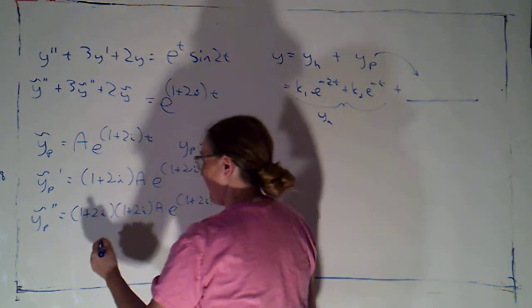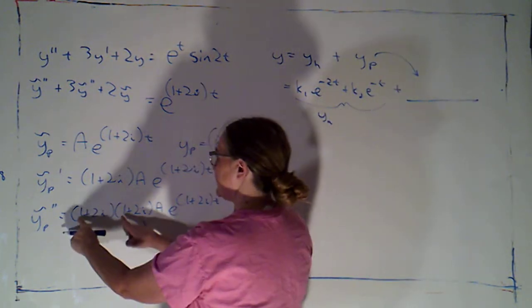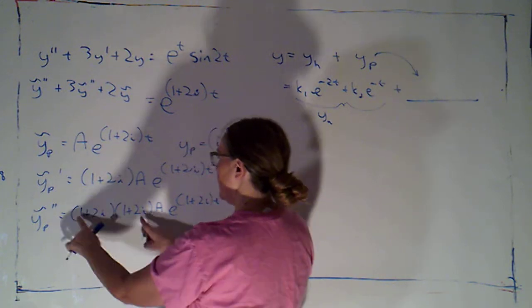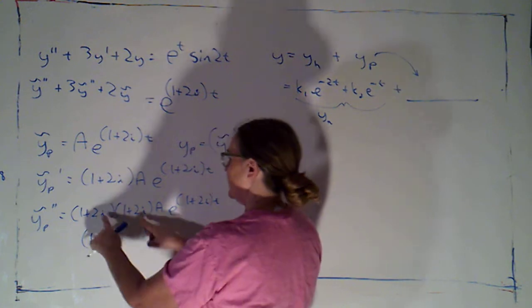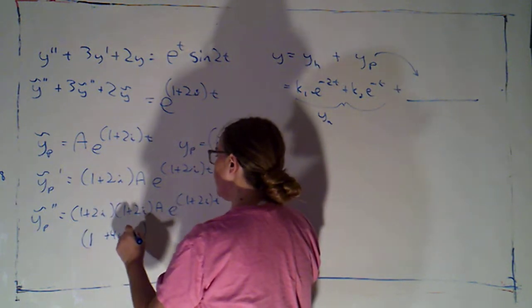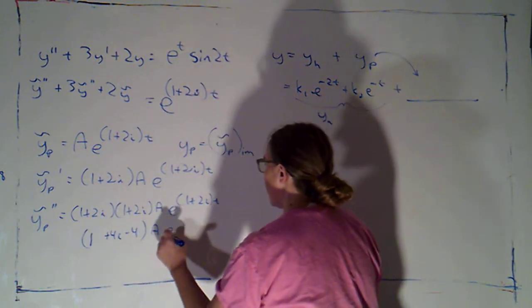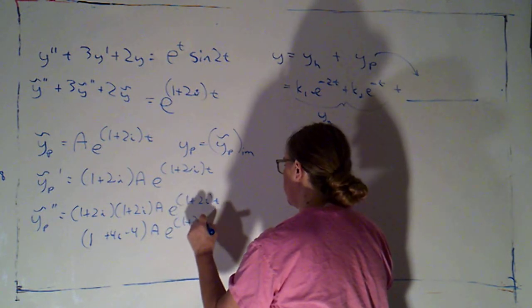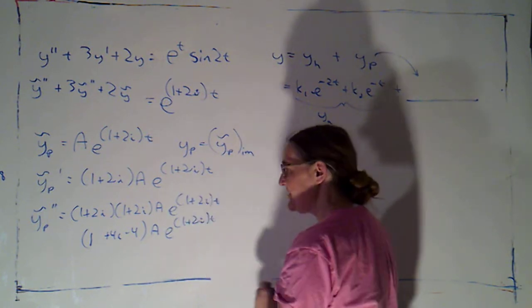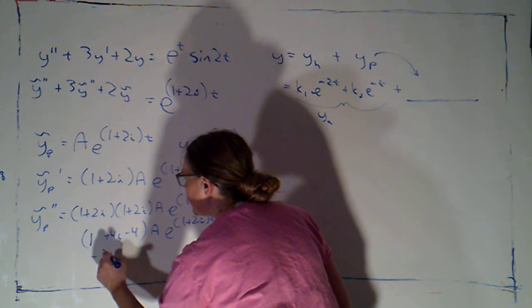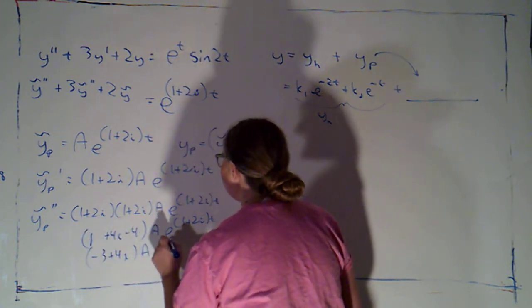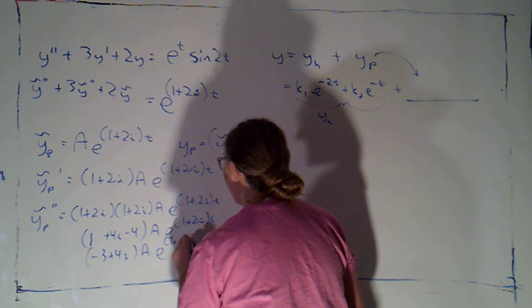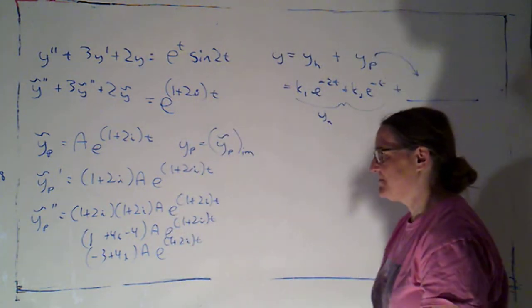So let's see what this is. This is going to give me 1 plus 4i plus 4i squared, which is minus 4, times a e to the (1 plus 2i) times t. So that's negative 3 plus 4i times a e to the (1 plus 2i) times t.